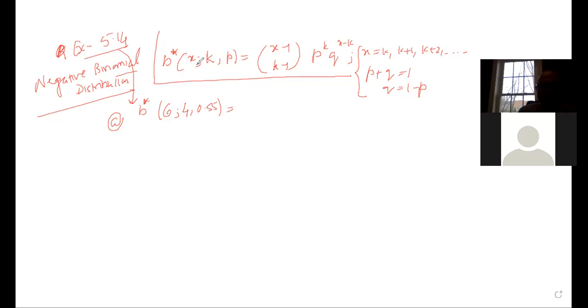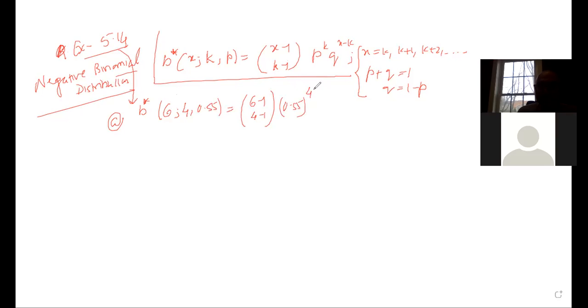So here, X is equal to 6 minus 1, and K is equal to 4 minus 1, C, and P is equal to 0.55 to the power K, which is already given to you. What is my K? K is equal to 4.